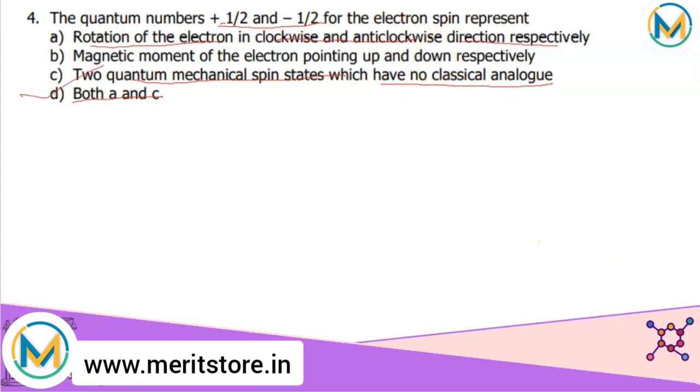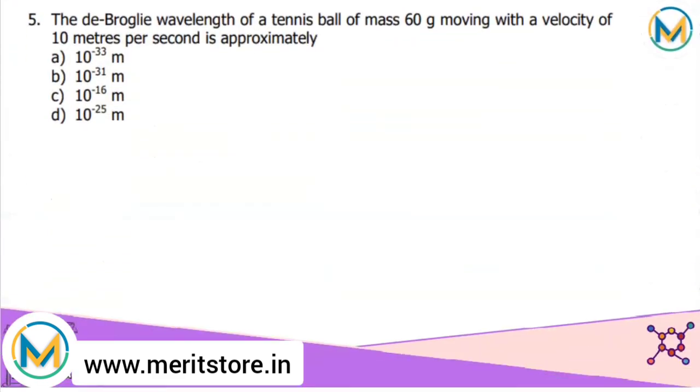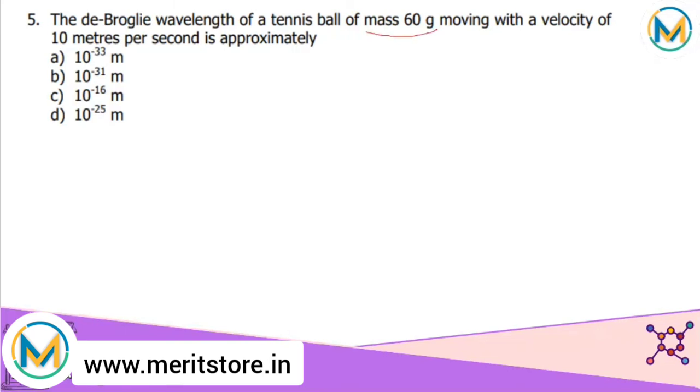Looking towards the last question. The de Broglie wavelength of a tennis ball of mass 60 gram, moving with a velocity of 10 meters per second, is approximately. So we have the de Broglie formula, lambda is equal to h upon mv. We are supposed to find lambda.